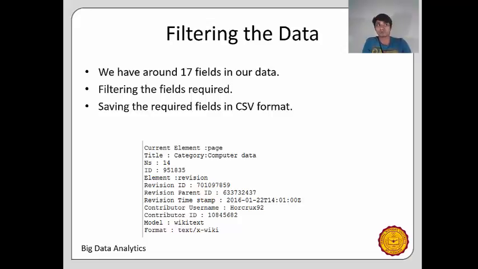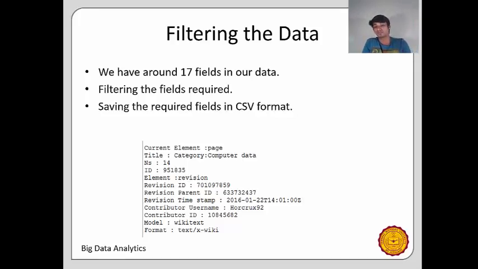So firstly we'll filter our data, and then after filtering the data we'll save the filtered data into CSV format. So you can see this is the output of my data, and the rest of the things will be explained by my group members.